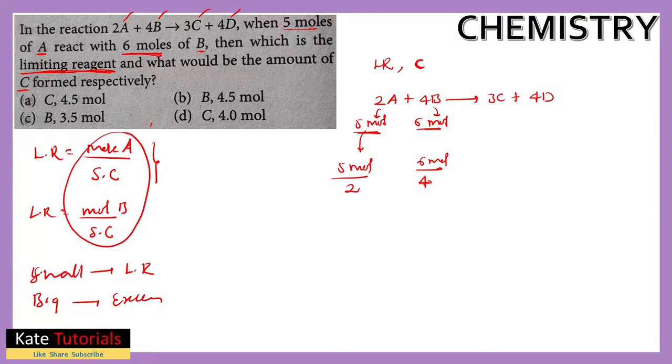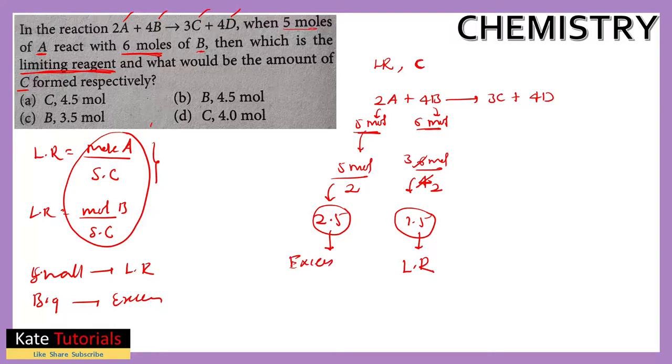That is the stoichiometric coefficient. 5 divided by 2 is 2.5. Whereas 6 divided by 4 is 1.5. I have told, the calculation which is less, that is the limiting reagent. This is in excess in that reaction.